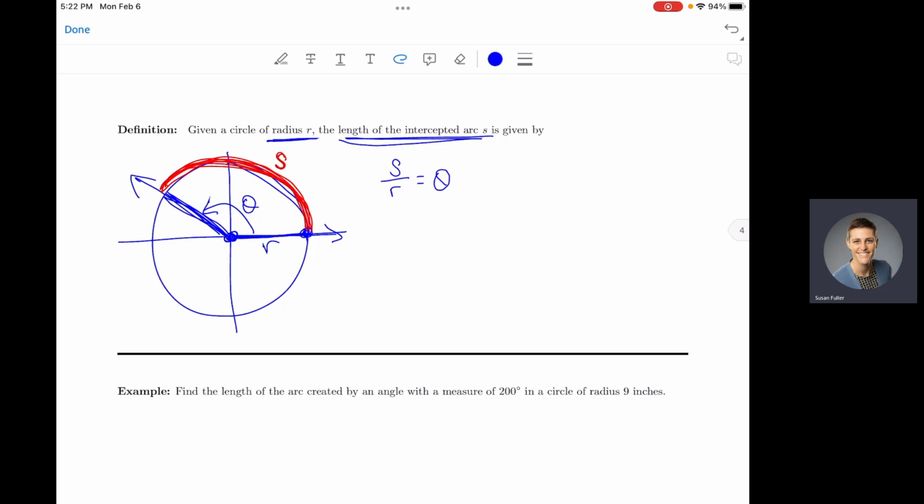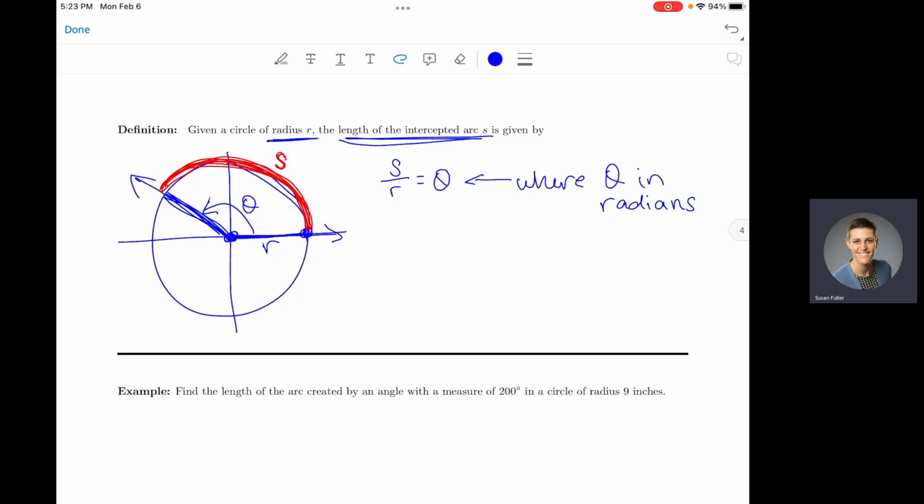So this really is the link between our arc length S, our radius r, and our angle theta. Again, theta must be in radians for this to work, because radians give us this connection between the radius and the arc length.